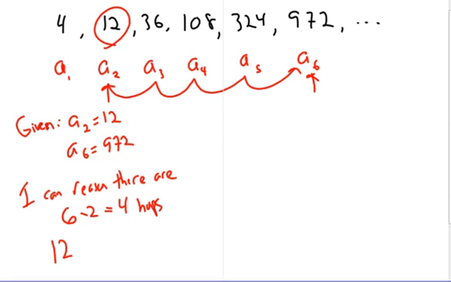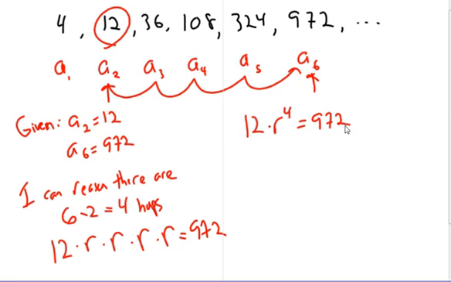So that would mean that if I started at 12, each one of these hops is multiplying by the common ratio. So I could do 12 times r times r times r times r, and that would arrive me at the 972 value. In other words, 12 times r to the 4th is equal to 972.